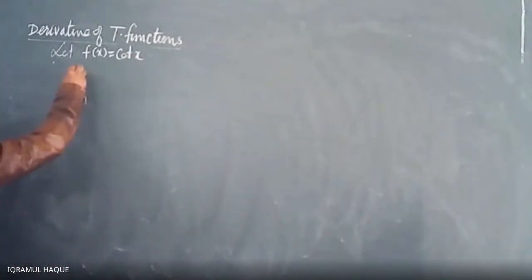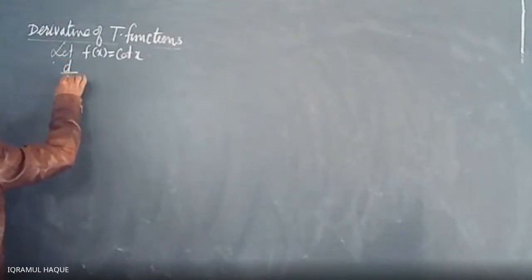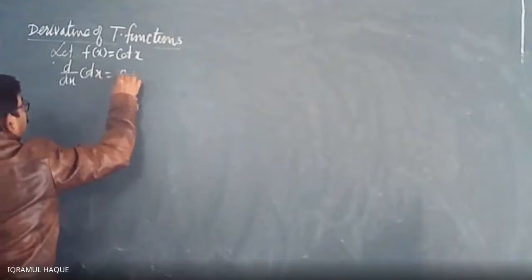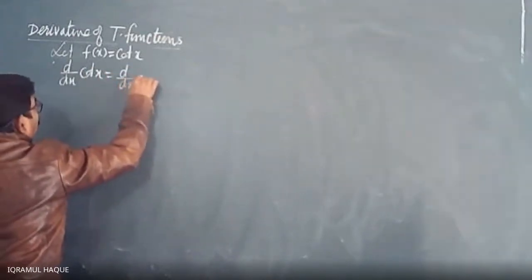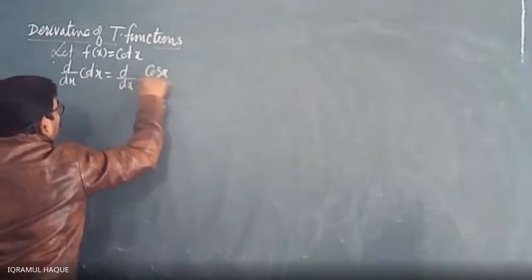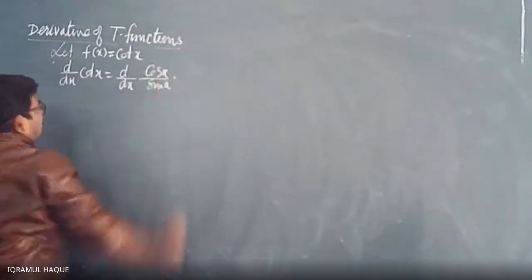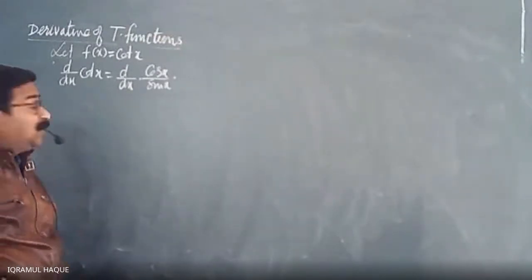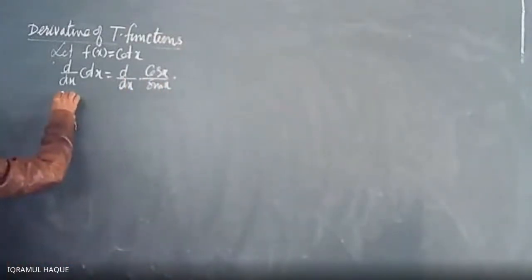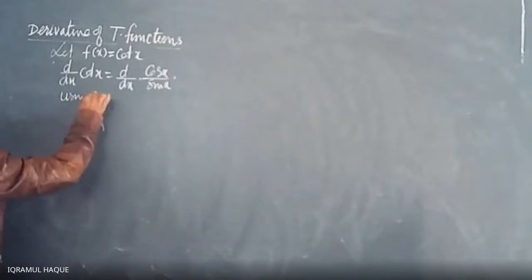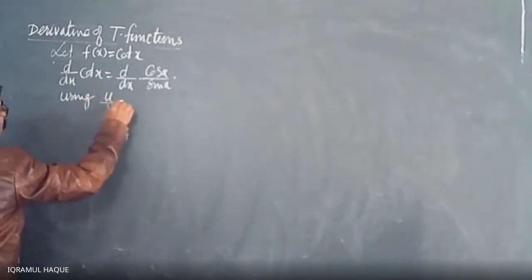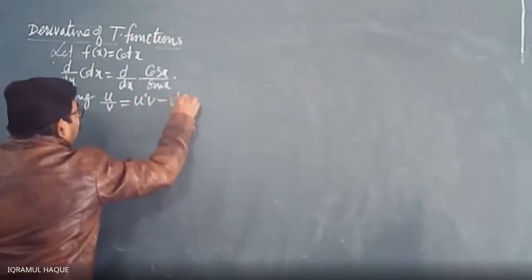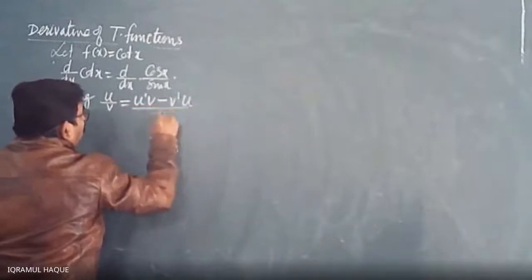So this can be written d of dx of cot x is equal to d of dx of cos x upon sin x. Again, we will use the quotient rule, using u upon v is equal to u dash v minus v dash u upon v square.